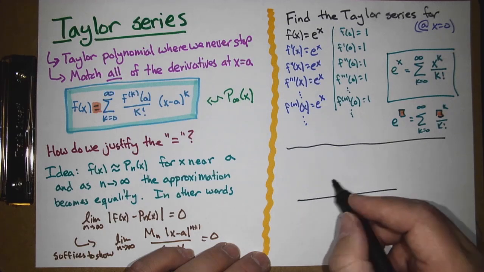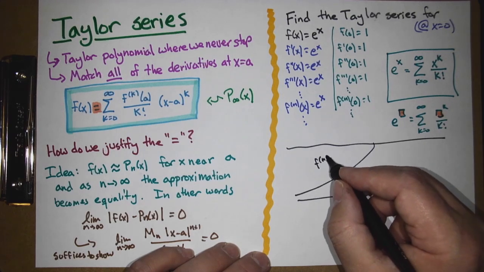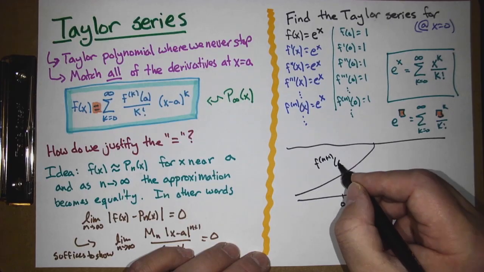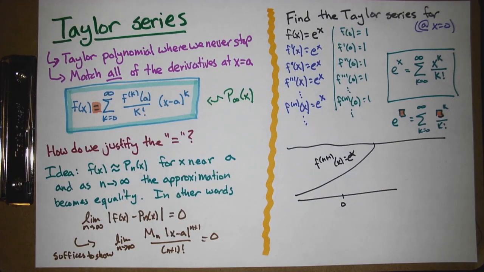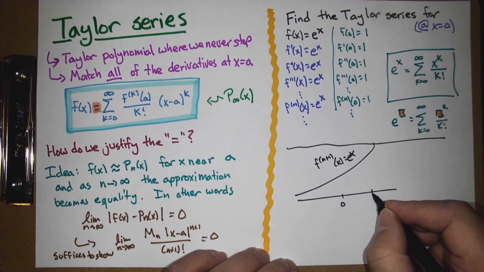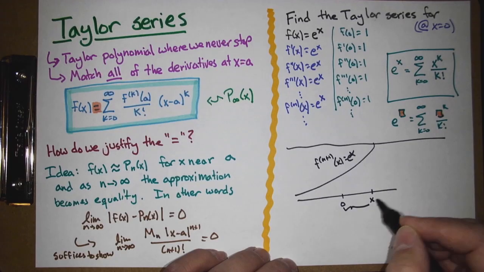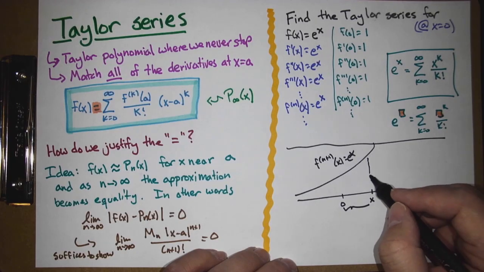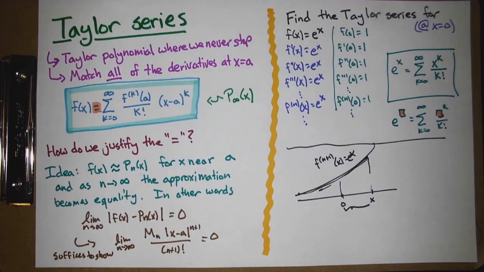It turns out that the n plus first derivative looks like e to the x. We didn't write it down, but it's still true. So now let's just put x over here. My question: how big can the n plus first derivative get from 0 to x?